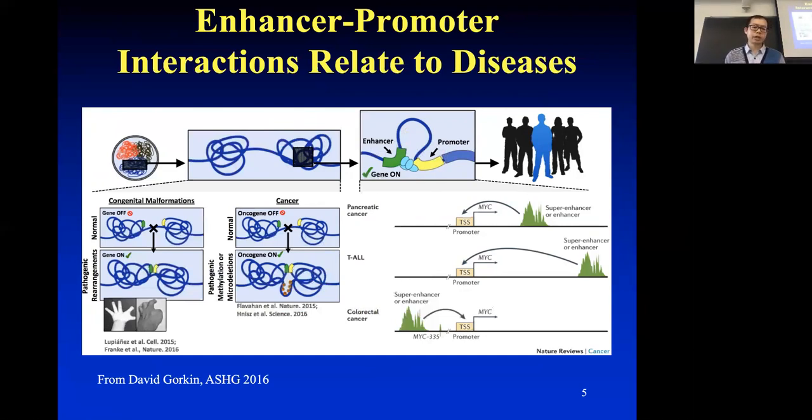Just to give you two examples of why this is important. For the example on the left, in the normal cell, we have an enhancer, which is this green piece of DNA fragment, and the gene, right? In the normal case, they are far away from each other. They have low interaction. However, in some disease cases, because of some changes on the DNA, they become interacting with each other.